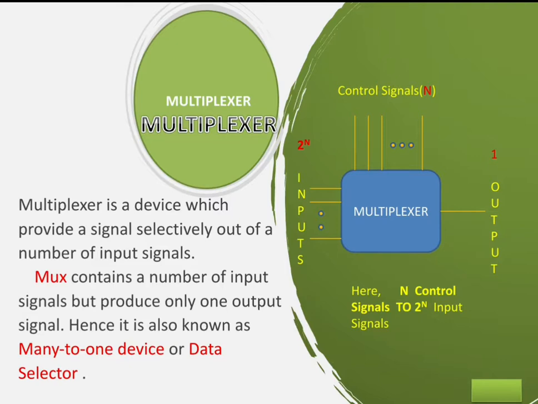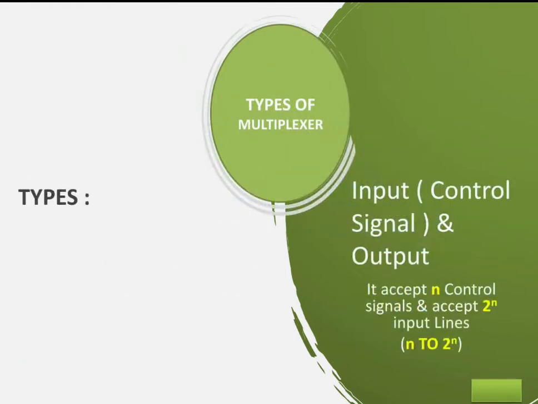And see the right hand side, the same thing I had written: 2^n inputs, control signal is n. We want remote control, that's why control signal is n, and one output only. And then this is the block diagram for multiplexer.